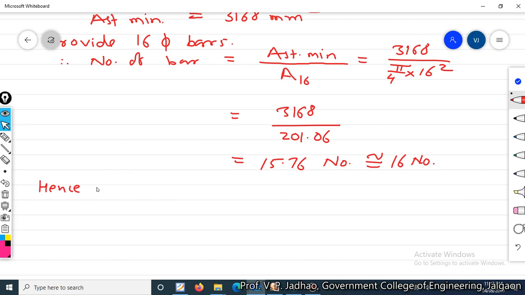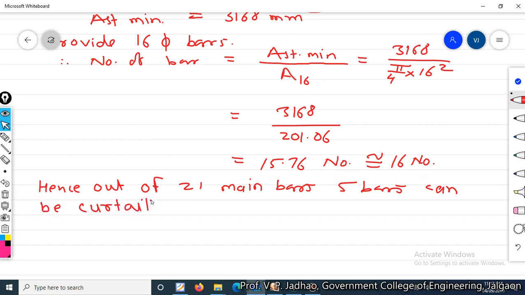Therefore, out of 21 main bars, 5 bars can be curtailed from the point of contraflexure.